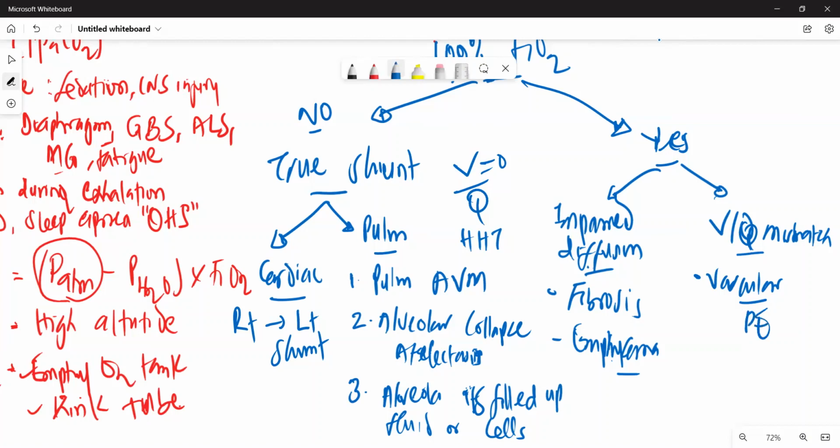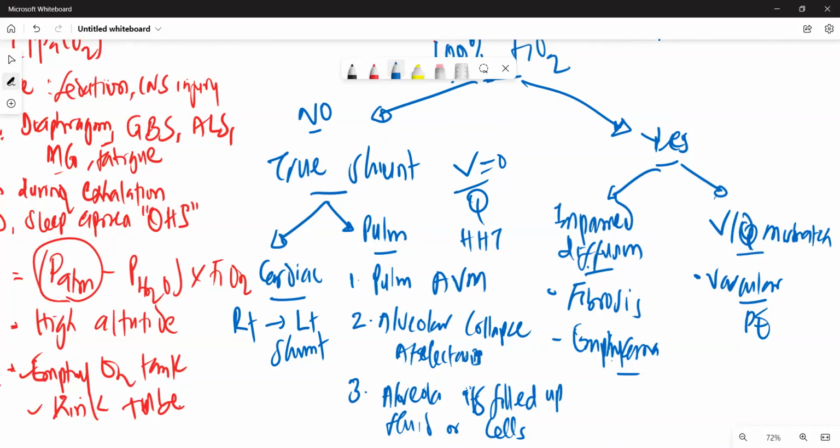Because of the release of inflammatory mediators, sometimes those patients can develop some atelectasis in that area where the pulmonary embolism is affecting, and as a result, that could cause a VQ mismatch in that area of the lung.